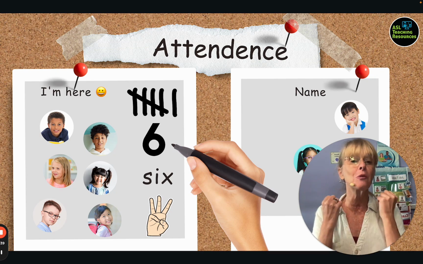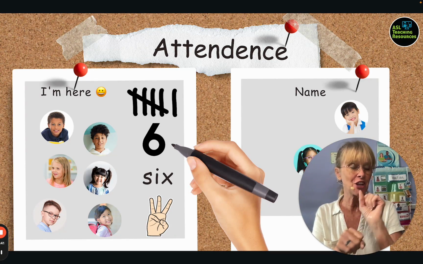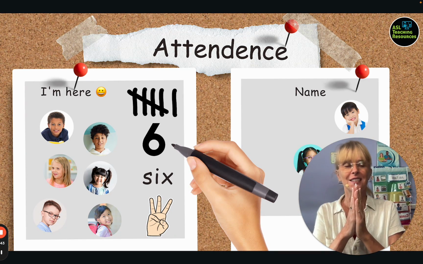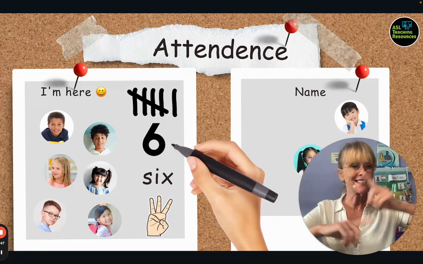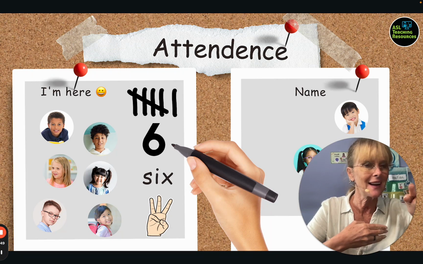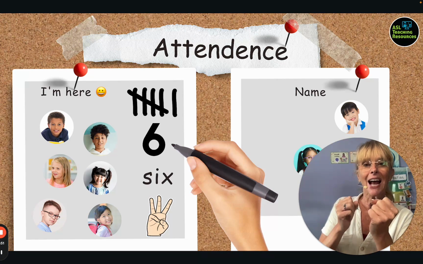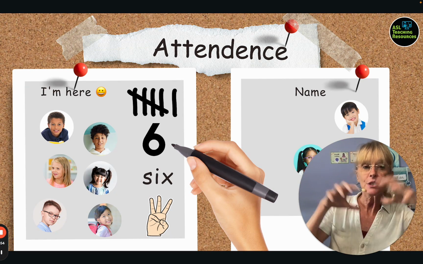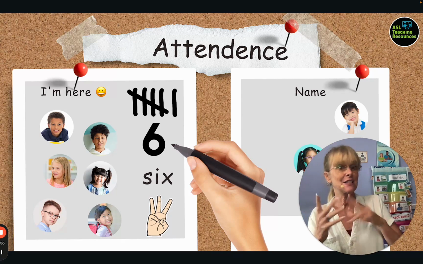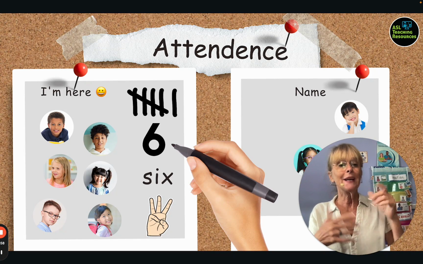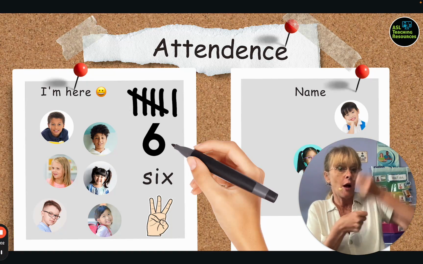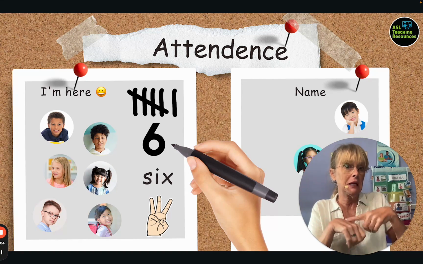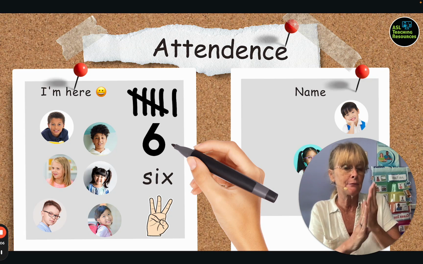Oh my goodness, so many different ideas for the other job charts. Just even keeping up with the weather, how the kids can be involved with signing, looking outside, and then he turns around and signs what he sees outside. It's raining, so the whole class then gets to respond. Oh, well, we might need to have our umbrellas at playtime or when we leave for the bus.